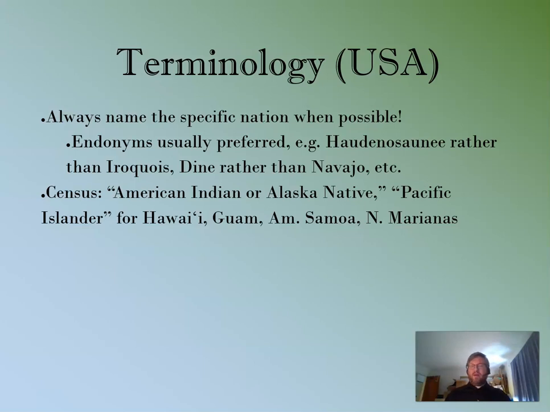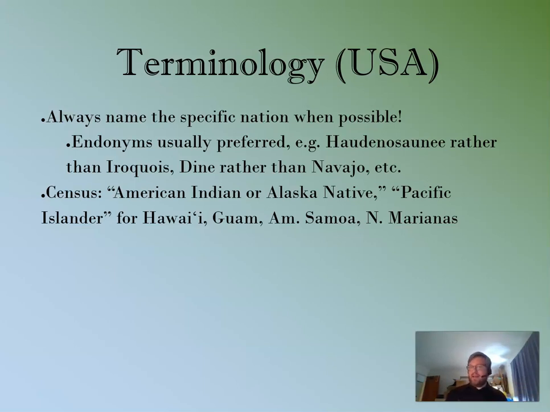But when we are going to try to talk about more general terms, we need kind of umbrella terms. If we're looking at census data, and we've looked at a little bit of census data in some past lessons, the label they use is American Indian or Alaska Native. So that's going to cover the indigenous people of Alaska and the lower 48 states.